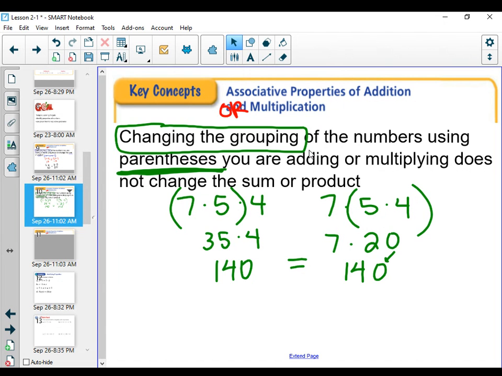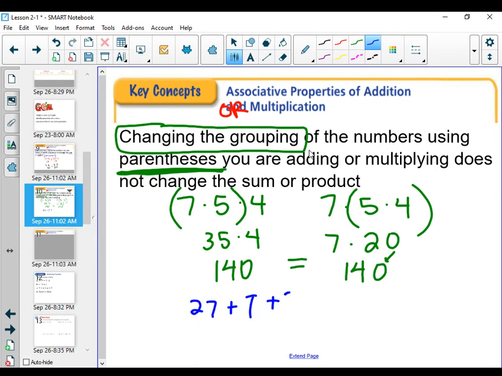Same thing if I'm going to do some adding. That's a 7, sorry. 27 plus 7 is kind of hard for me.